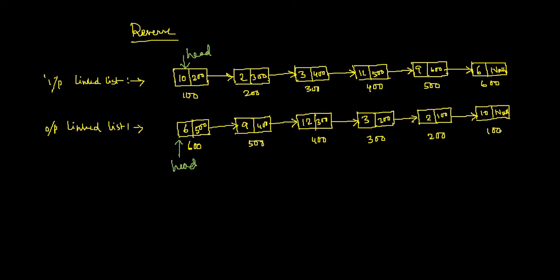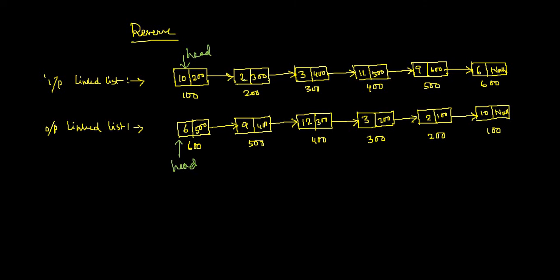The reason is that we have only one way to go from one node to another node. If somehow one connection is lost, then the entire linked list will get lost. So you have to use these pointers very carefully. So let's start.